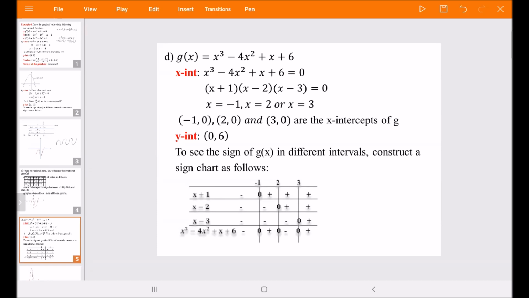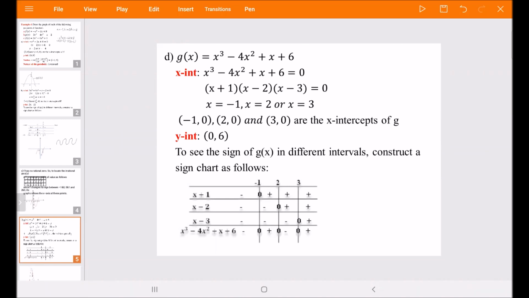By the rational root test theorem, if this polynomial has any rational zero, it must be among these numbers. From among this list of possible rational zeros, minus 1, 2, and 3 make this polynomial equal to 0. Check it for yourself.